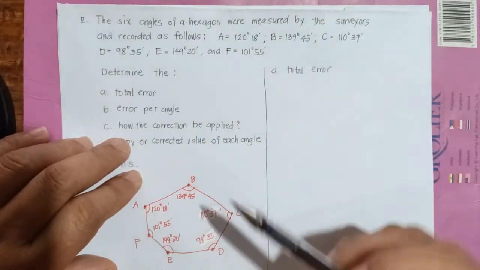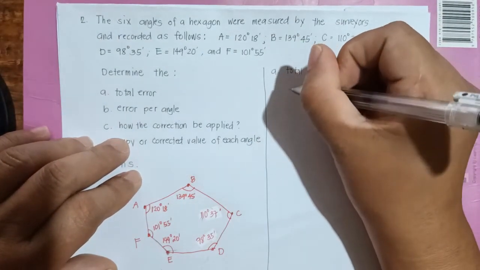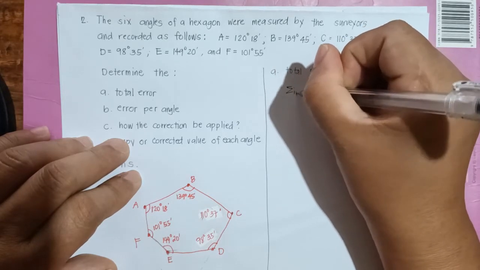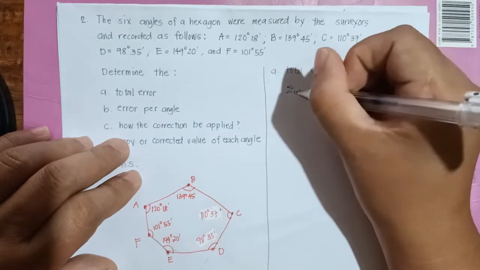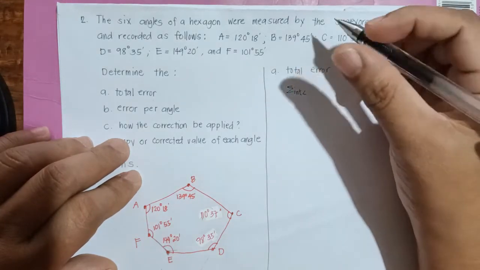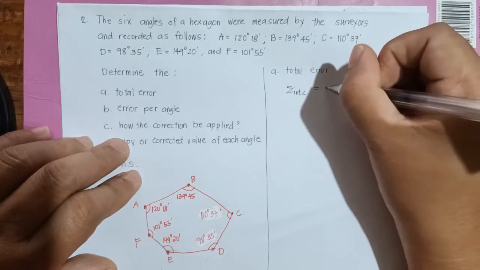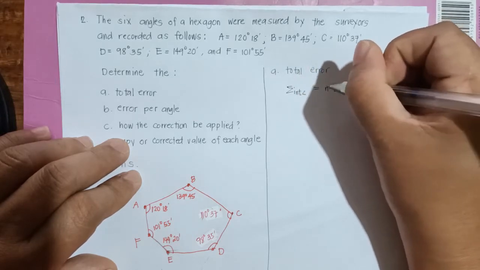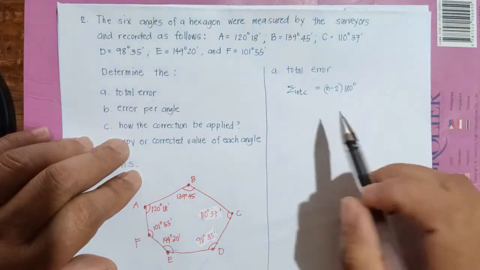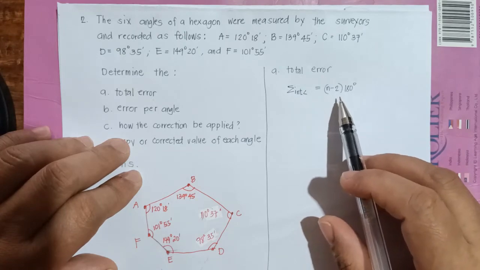If we look at this, it's a hexagon, and we recall that the summation of all interior angles of a polygon is equal to n minus 2 times 180 degrees. We learned this formula from geometry.